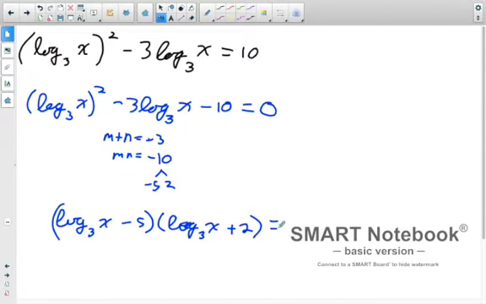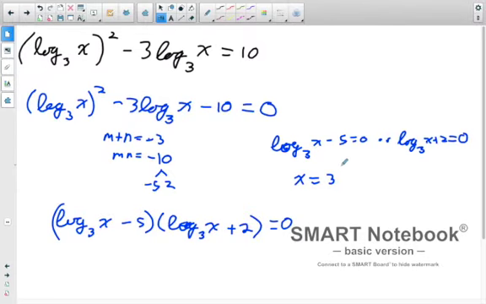And both these things multiply to give me 0, which means that I either have log base 3 of x minus 5 equals 0, or log base 3 of x plus 2 equals 0. In this first case, we're looking at x equals 3 to the 5th.